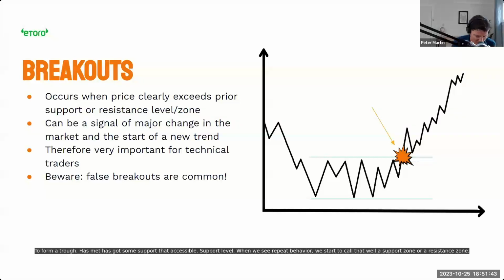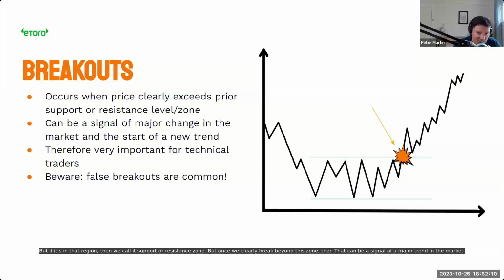That's a support level. When we see repeat behavior, we start to call that a support zone or a resistance zone, and these aren't precise levels. They might be close to each other because it's a tendency. Price might peek its head a little bit above or below these, or it might not quite reach them. But if it's in that region, then we call it a support or resistance zone.